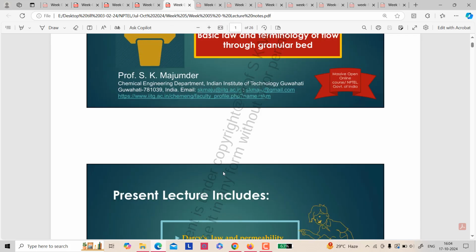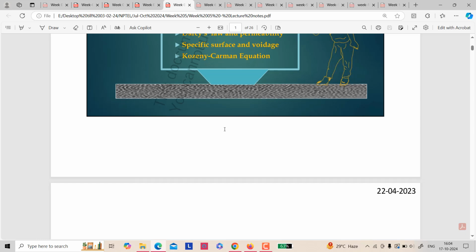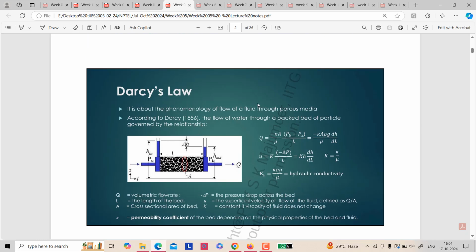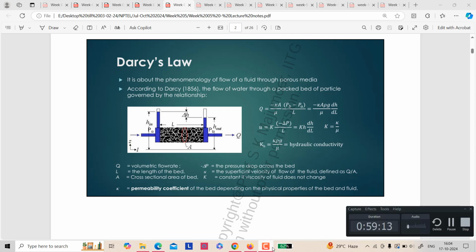Next, in the fifth lecture, Sir has talked about Darcy's law. That means when the flow is flowing through a porous media, Darcy's law is applied. So this one is Darcy's law.